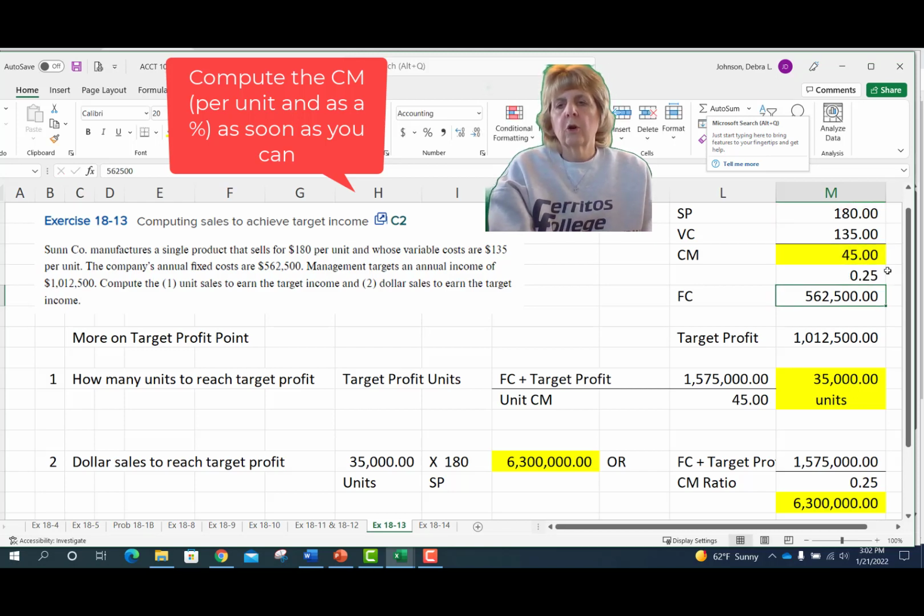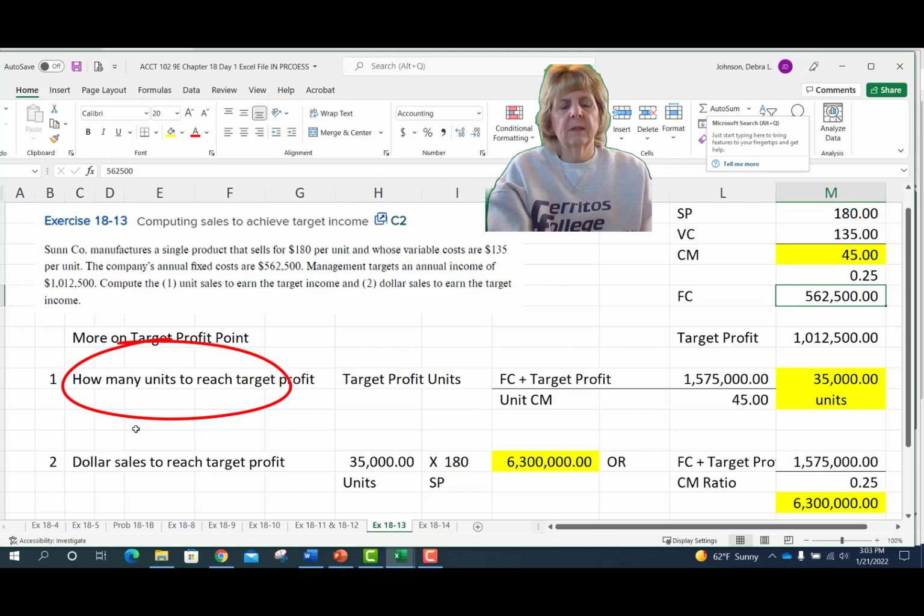So we know that per unit, $45 of every sale is available to cover fixed cost and generate a profit. Expressed as a percentage, that contribution margin ratio is 25%. They asked us how many units, notice the emphasis on units in number 1, how many units do they need to sell to reach their target profit?